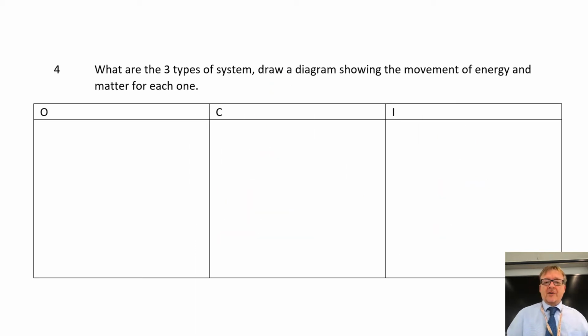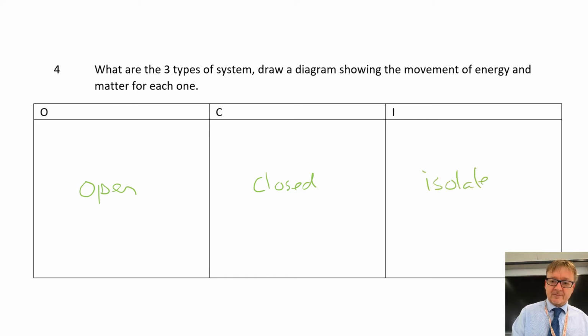Number 4, what are the 3 types of system? Draw a diagram showing the movement of energy and matter for each one. Okay, right, so I'm going to start off, I'm going to write open, I'm going to write down closed, and I'm going to write down isolated. Okay. Then I'm going to write down energy, and I'm going to write down energy, okay, because that's kind of what we're talking about.